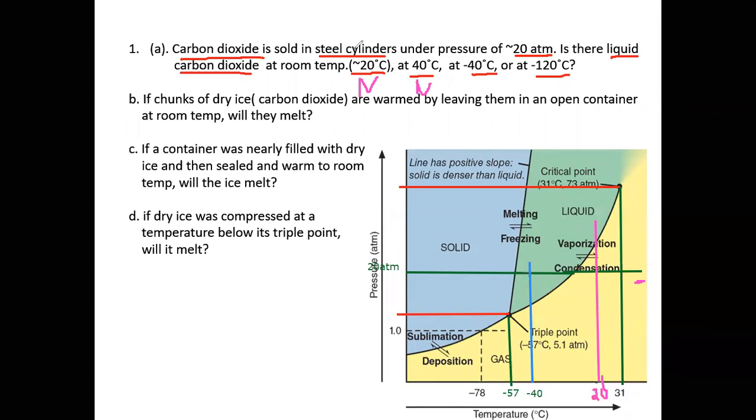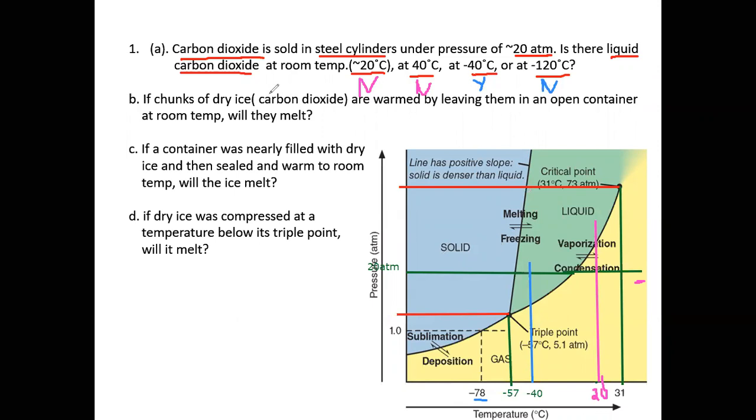So that would be yes. Now, negative 120 degrees Celsius would be lower than negative 78, so that would be no, it would be in the solid state. So that was the answers to number 1.